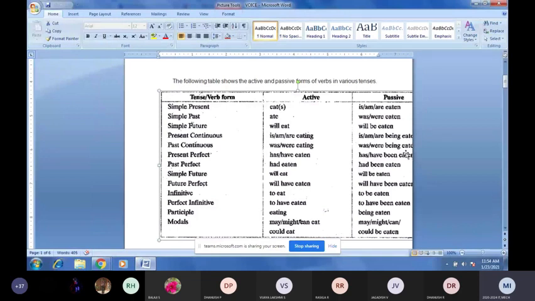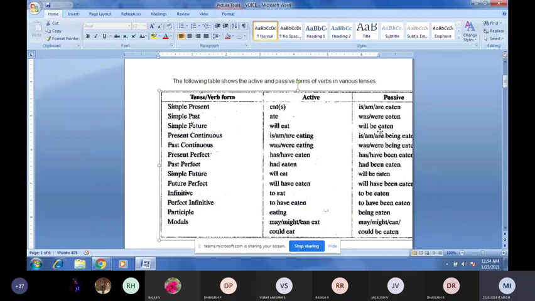So this is the change you are going to make. Depending upon the food item, the number of quantity, we will go with the auxiliary. If it is singular, you go with is being eaten, or if it is plural, are being eaten. That's all. And for all the continuous tenses we are going to add being.